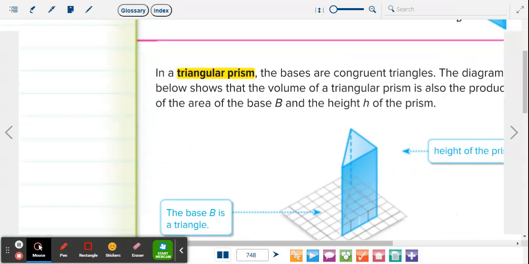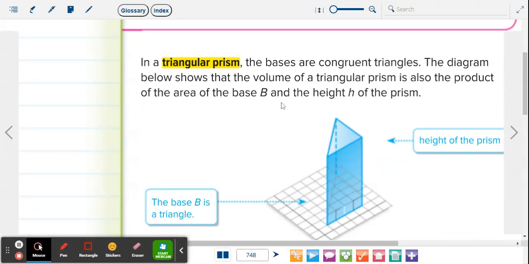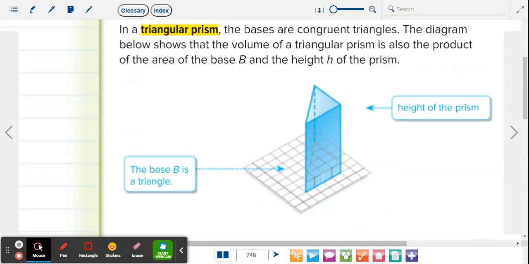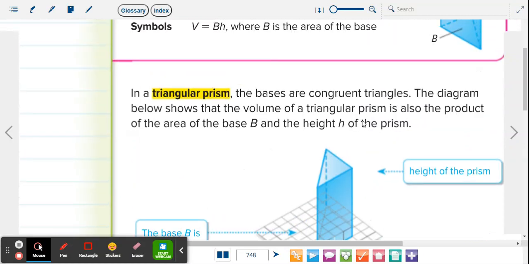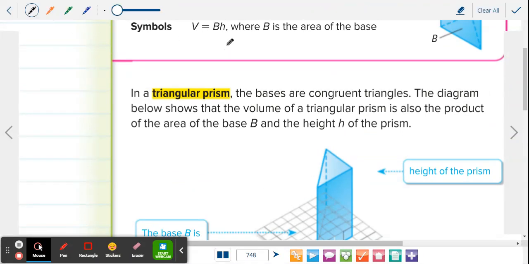So, like I was saying, a triangular prism, the bases are two congruent triangles. They're the same shape, they're the same size. Okay, they're going to be top and bottom. Top triangle, bottom triangle, the bases. When you go to find the volume of a triangular prism, okay, this is the formula.